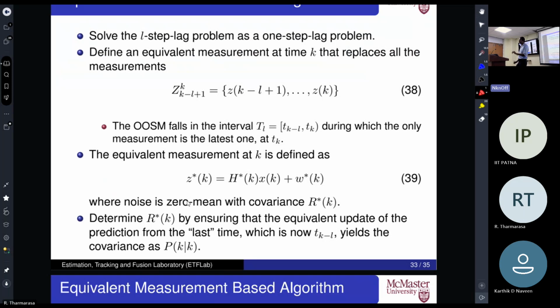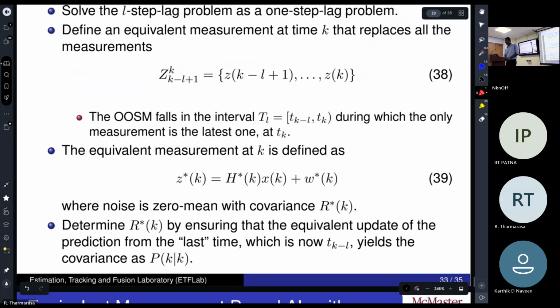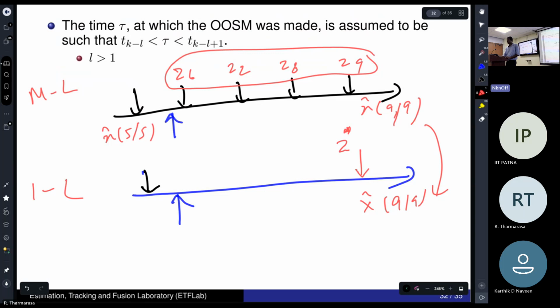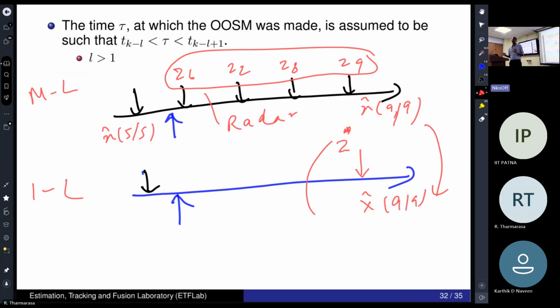Keep in mind that this can be a different type. This z star, that means if this is a radar sensor, this does not need to be radar. It can be any sensor, any measurement. If it is RF data, that does not need to be RF data.